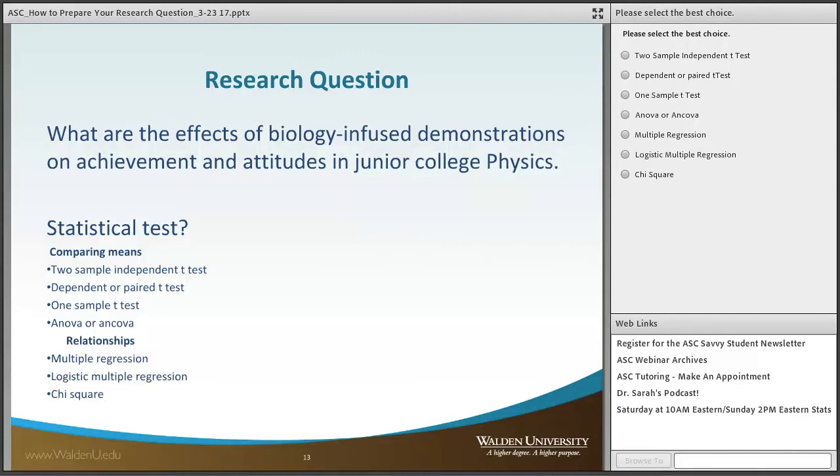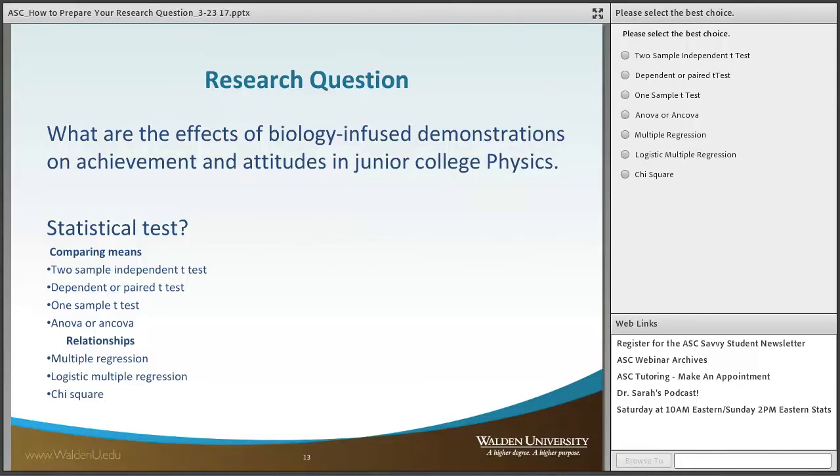And ANCOVA, just to be sure that the infused demonstrations ended up improving the achievement level, and it wasn't just that that group, by a fluke, had a sample of students that were better at the subject anyhow. So my vote would be on ANCOVA here.